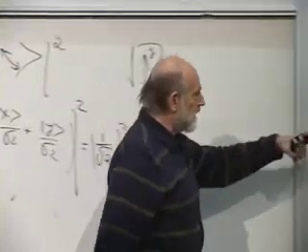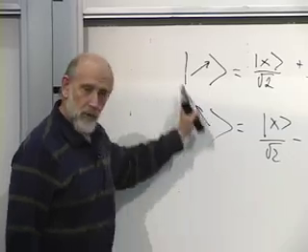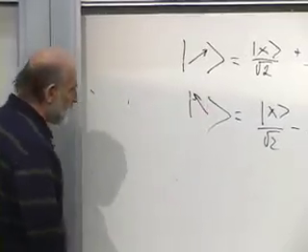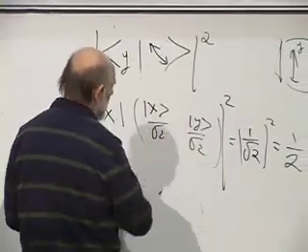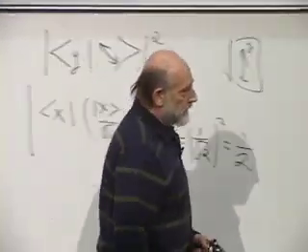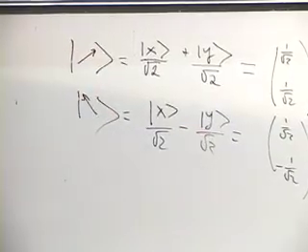How about the second diagonal polarization pointing along the minus 45-degree axis? For that, I have to put minus here. I'm now using the second vector over here with a minus sign. Sorry, this is y.